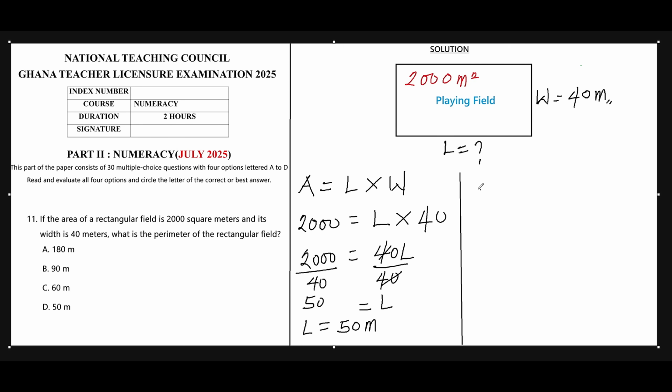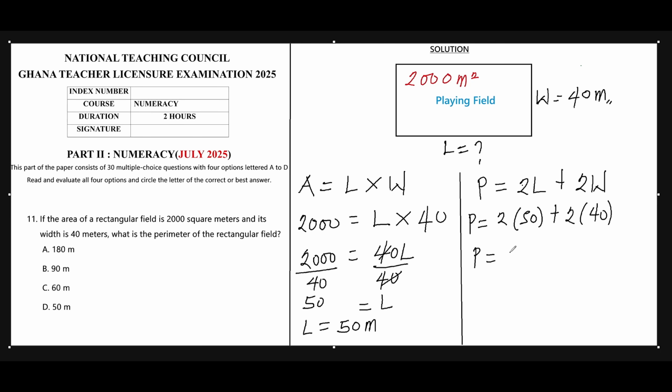We know that the perimeter of a rectangular playing field is given by the formula 2L plus 2W. So twice the length, the length is 50 meters, plus twice the width, 40 meters.